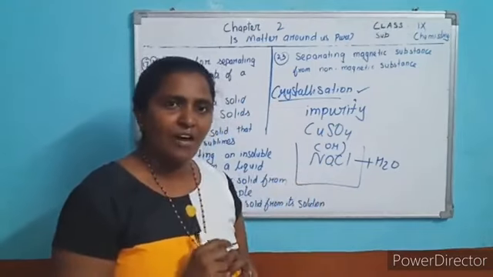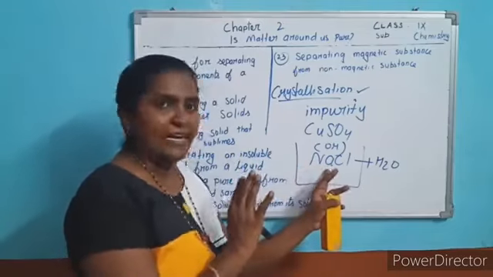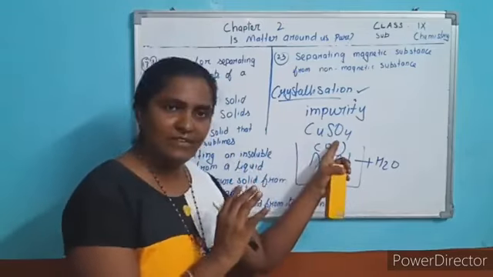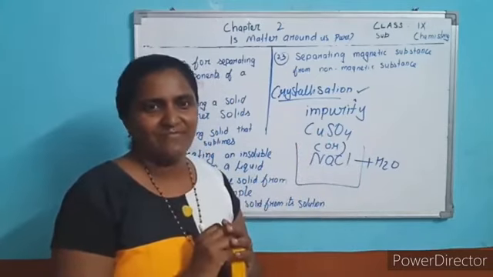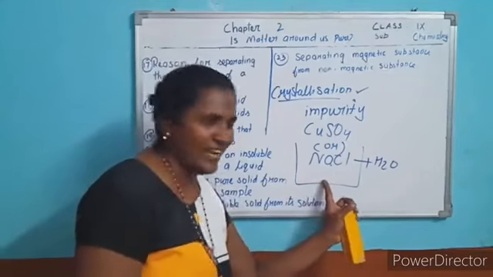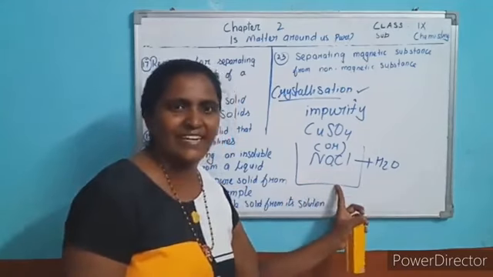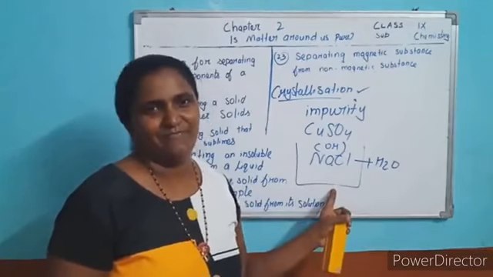What will happen after cooling? The pure NaCl or pure copper sulfate changes to crystal form, whereas impurities remain at the base of the container along with the water. This is called mother liquor.